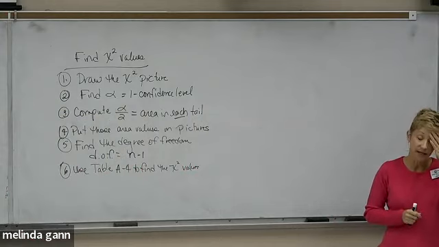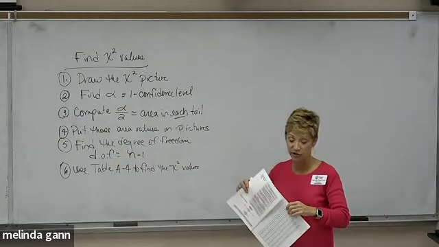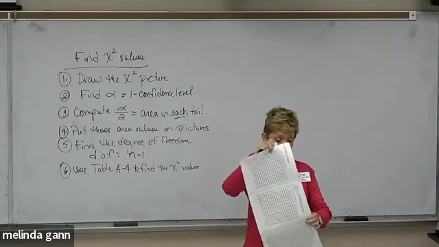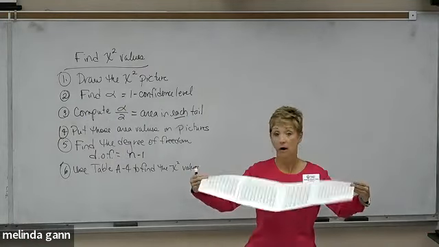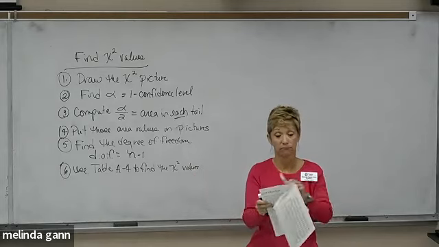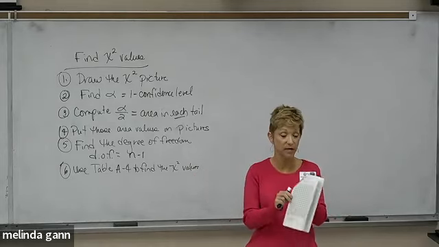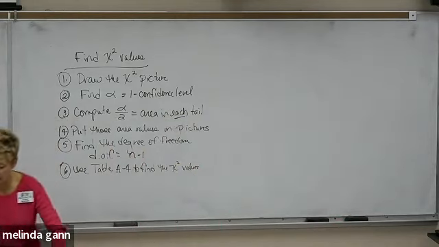All right, so the first thing is this. If you've got a hard copy and it's new, there should be one of these, what I call flippy fold out things. It's a formula sheet, looks like this. Table A4 is on there. It's called the chi-square distribution. If you've got a used book, you may not have one of those.